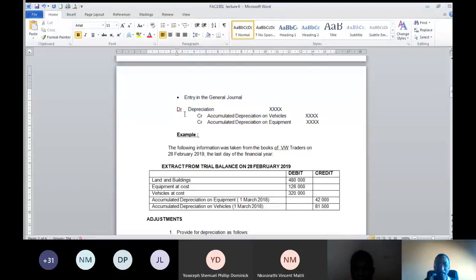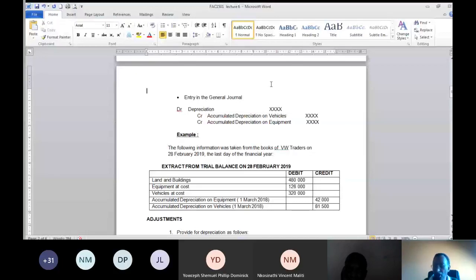So now we will say that depreciation is an expense. We will have more expenses. Expenses increase on the debit side. You debit your depreciation account and you credit your account accumulated depreciation. Now, accumulated depreciation refers to the sum of all the depreciations.